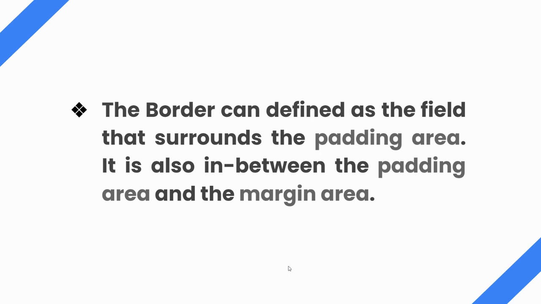The area we just learnt about some seconds ago was the padding area. So the border area is the next layer in the box model that follows up, and it's also in between the padding area and the margin area.